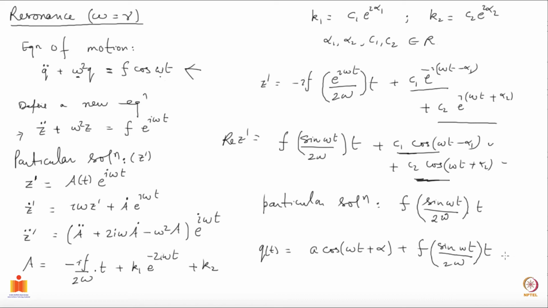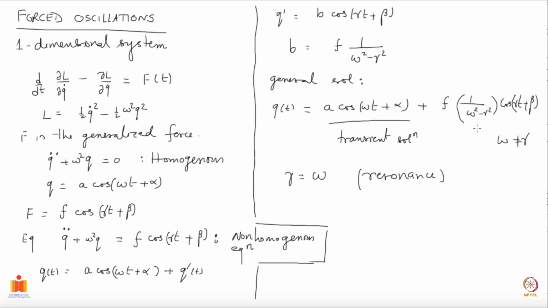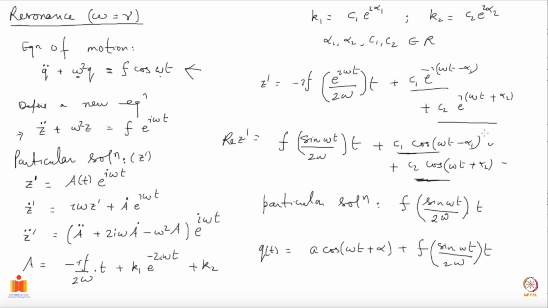Now you see I don't have any singularity here, there's nothing singular going on because omega is equal to gamma. There's no singularity, as we had in this case, if you see here. Okay, that's good. So this is the right way of doing it.